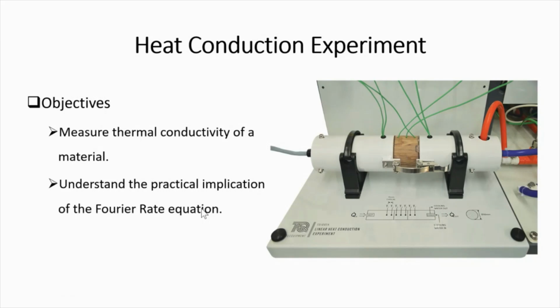Since thermal conductivity is a material property, if you look online, you should be able to find what material it is by measuring the conduction. Then we will study the application of the Fourier rate equation, which calculates the heat transfer rate for you.